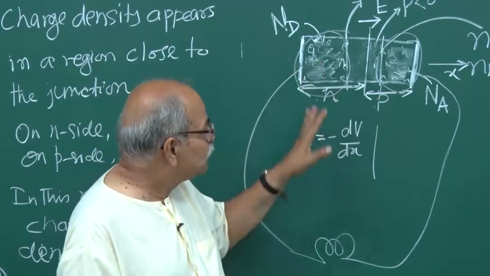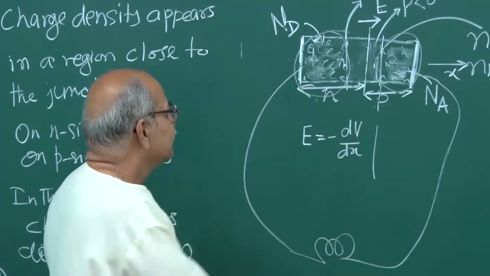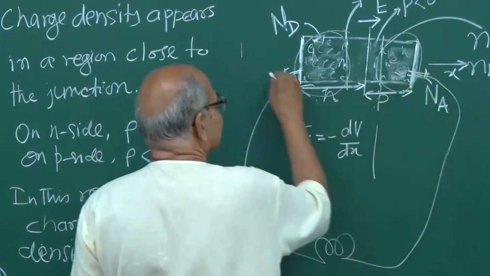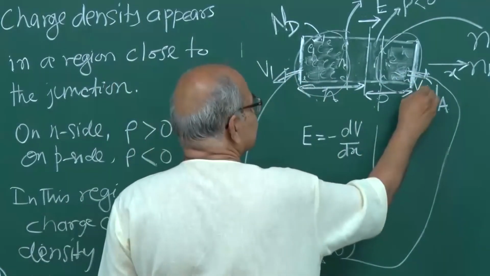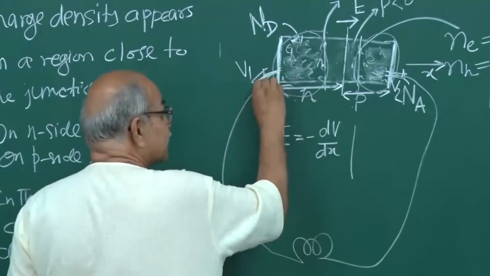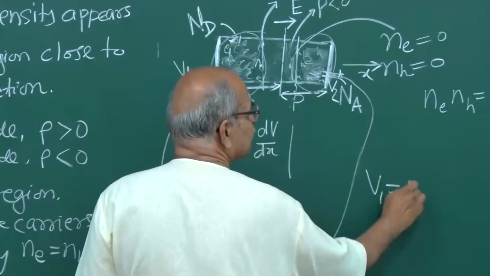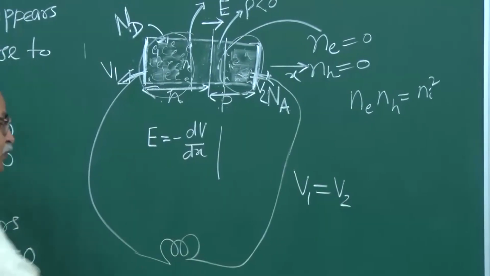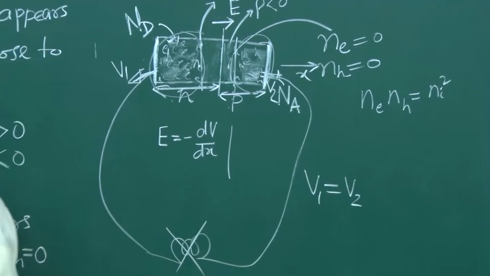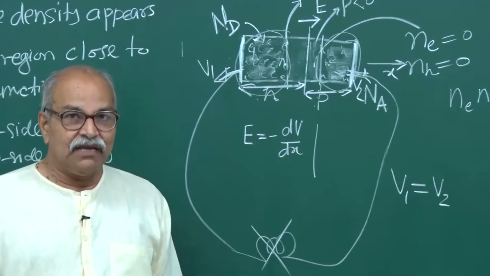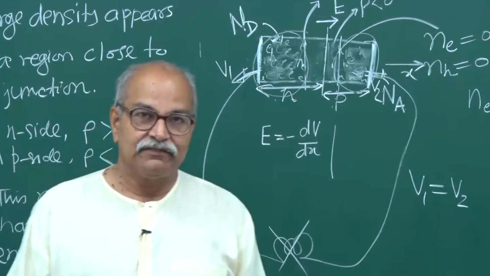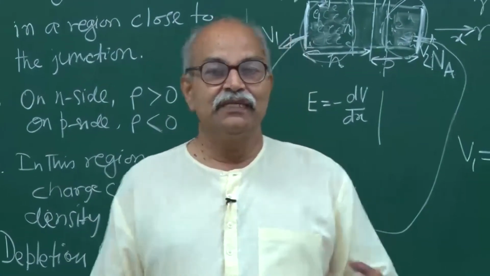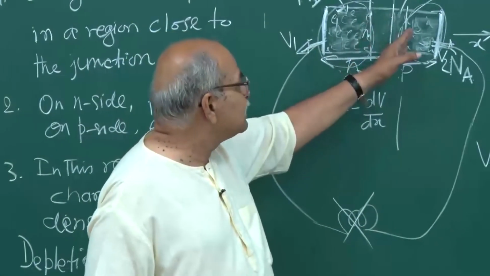When you sum all these things, the potential finally is the same, this V1 and this V2. After those metallic contacts you have V1 equal to V2, and so this bulb is not going to glow anymore.